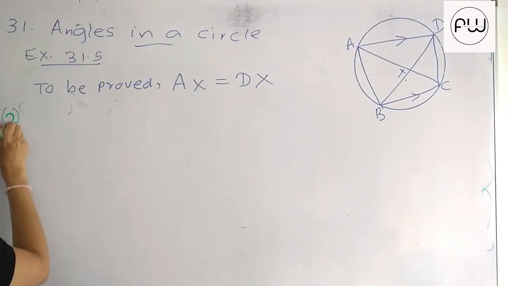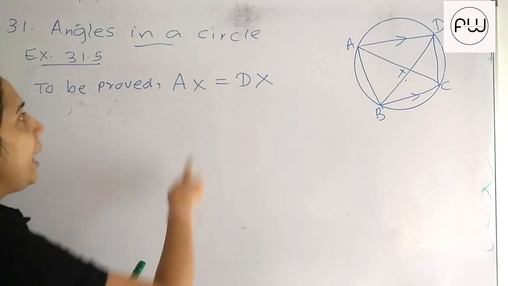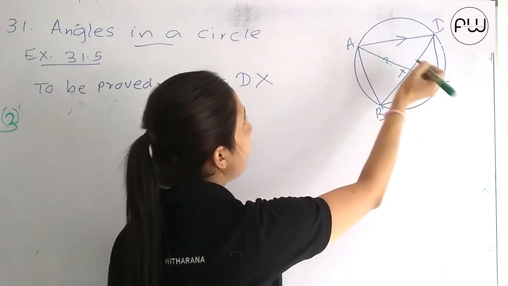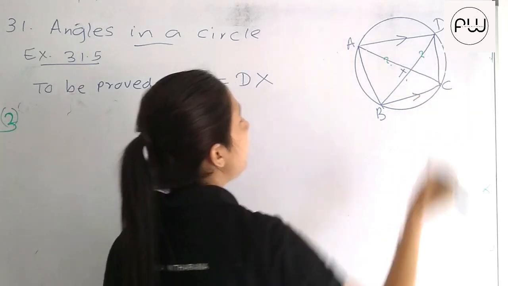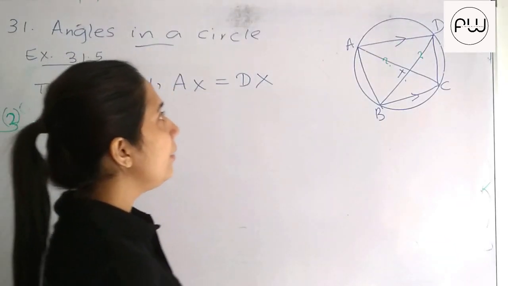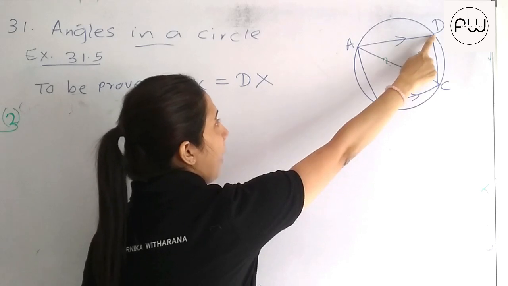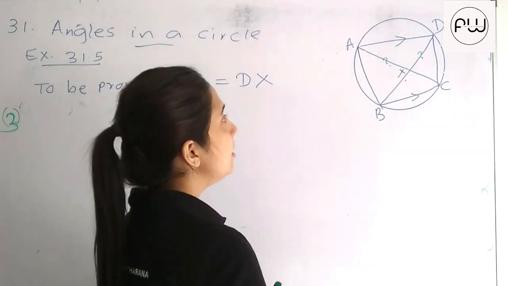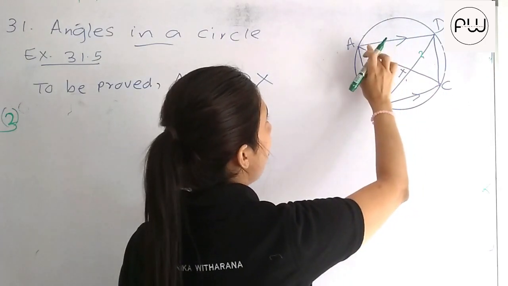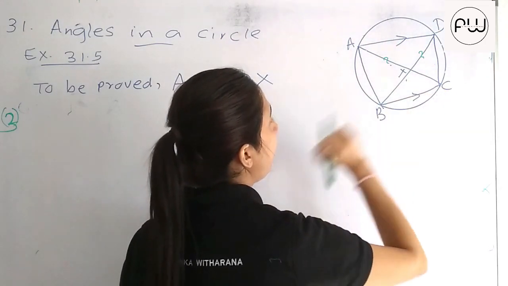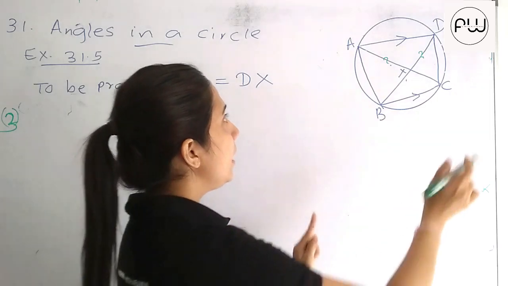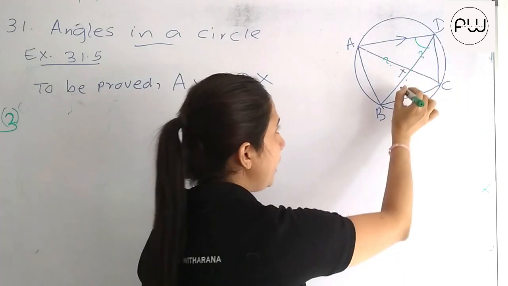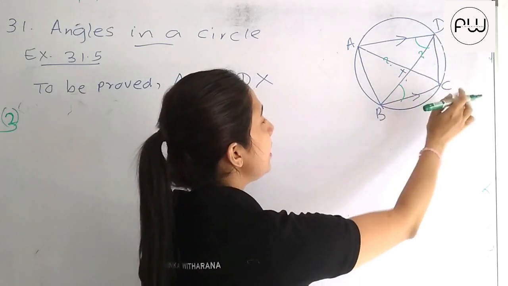The third one, we have to prove AX equals DX. AX, this one, equals this one, DX. And here you are given AD line is parallel to BC line. Then we can consider alternate angles because these two lines are parallel to each other. Then we can clearly see angle ADB equals angle DBC.